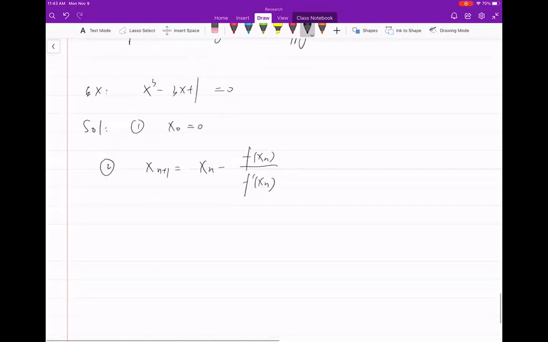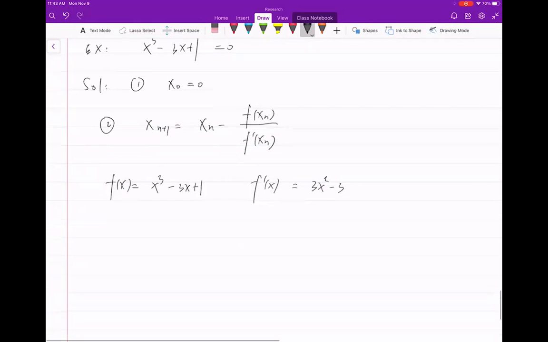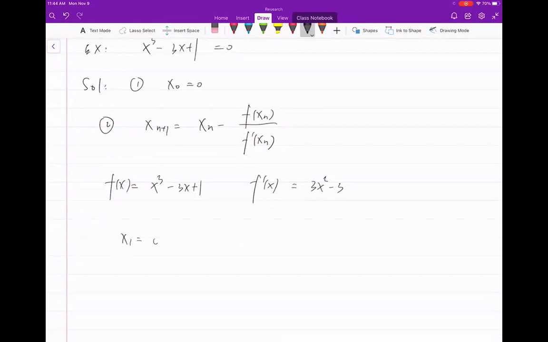What is your f(x)? f(x) is x cubed minus 3x plus 1. f prime(x) is this. Now, according to these two, x1 is going to be x0, which is 0, minus f(0) divided by f prime(0).